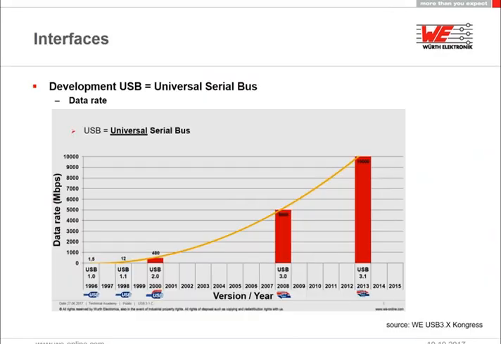Over all the different generations of the USB specification, USB 1 was still very slow for transferring data, but meanwhile, using the USB 3 standard, or even the latest standard USB 3.1 Generation 2, enables a data rate of 10 gigabit per second.